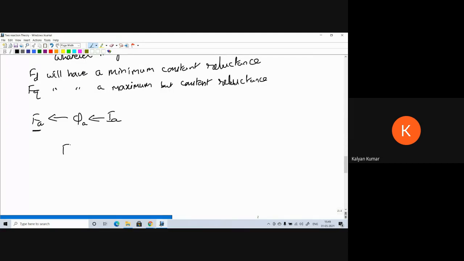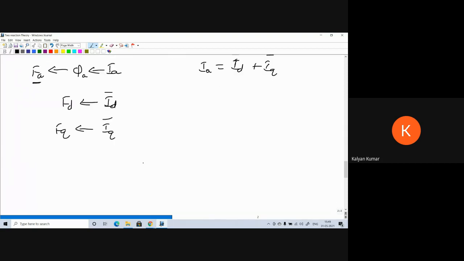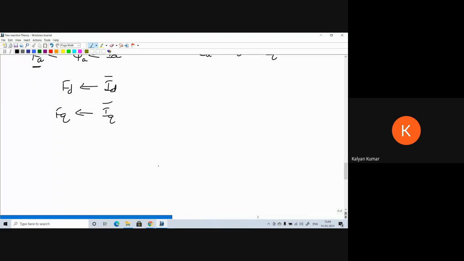Similarly, FD and FQ are also produced by the armature current components along the direct axis and quadrature axis. So this IA is also resolved into two components along the direct axis and along the quadrature axis. So FD is produced by the corresponding armature current ID, and FQ is produced by the corresponding armature current IQ. So we have different components on the direct axis and different components along the quadrature axis.